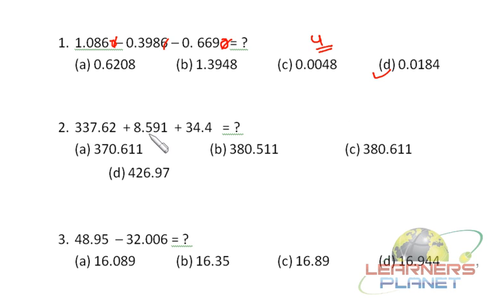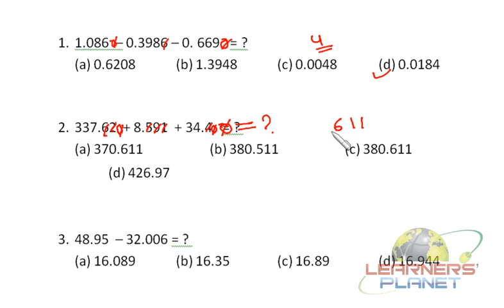Similarly, let's do this problem. Here there are 3 digits. I put a 0 over here and I put 2 zeros over here. Okay, now let's begin. It's 0 plus 1, 1 plus 0, 1. Okay, now it's 2 plus 9, 11, and I write 1 over here and 1 will be carried. Then 6 plus 1, 7, plus 5, 12, 12 plus 4, 16.